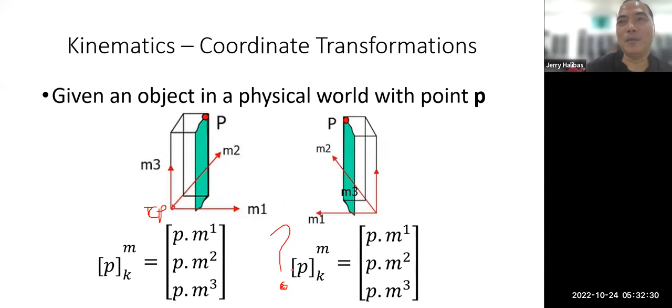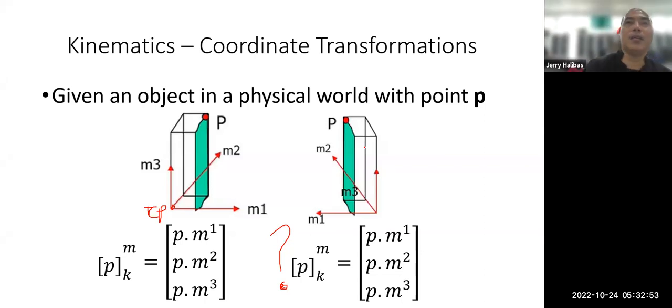Okay, very good. So the formula is the scalar dot product. You apply the dot product, and it's still the same. The M2 is still here, the M1 is still here. So nothing changed. So take note that this is for the mobile frame.